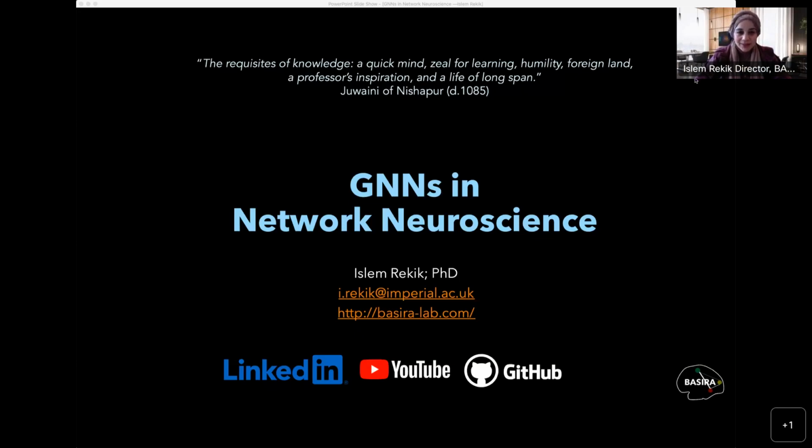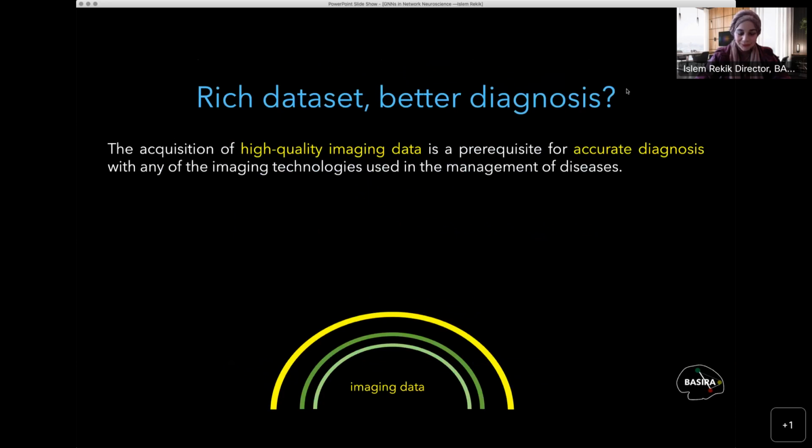Today's talk will be about graph neural networks and their innovative application or extension to the field of network neuroscience, where we get to study brain networks or brain roadmaps. Let me start with a very simple hypothesis that we have, especially in the world of neuroimaging and medical imaging in general.